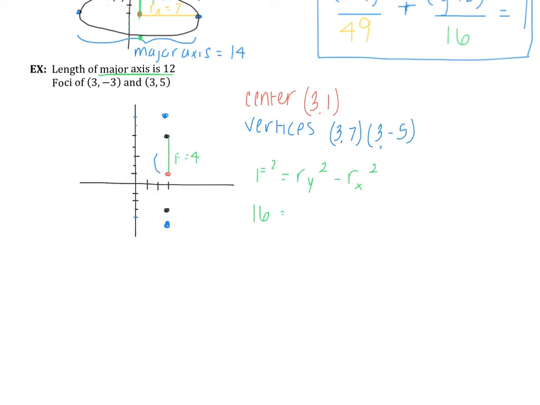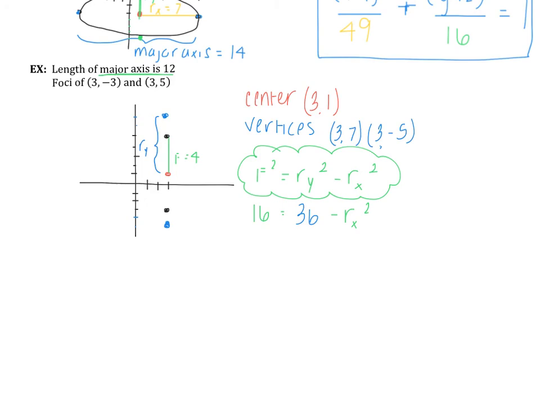Ry is just this distance here, from the center to the major vertex. Well, Ry we already know is 6. So this would be Ry squared, 36. And we're subtracting Rx squared. This is what we're trying to find. Again, we're using this formula just to find how wide your ellipse is.